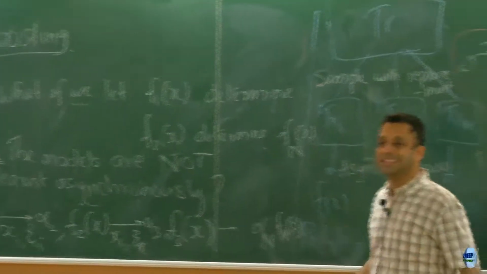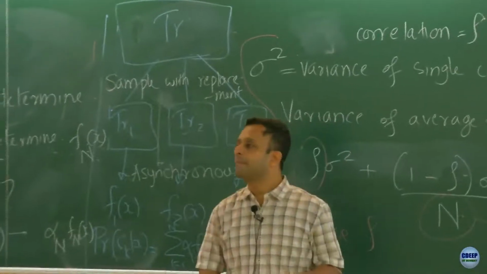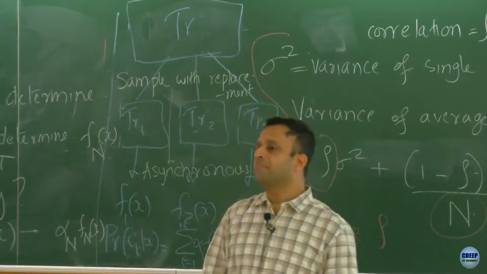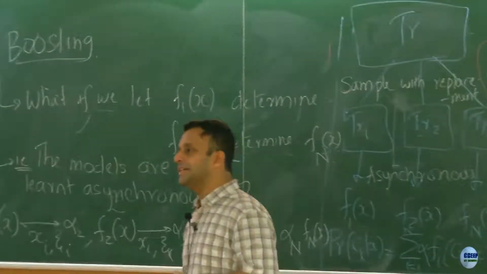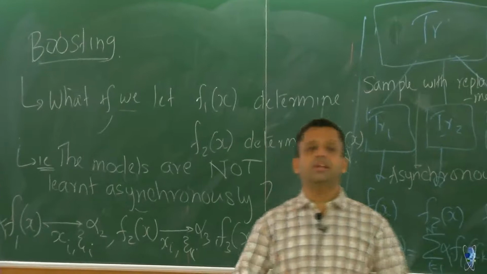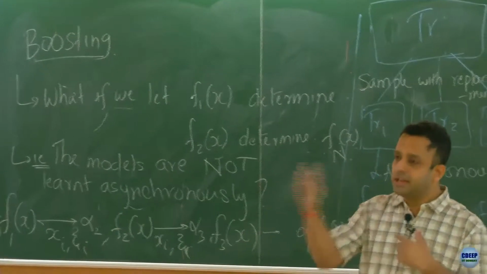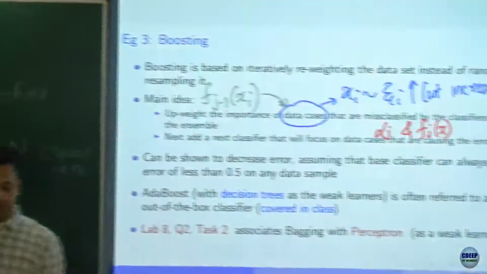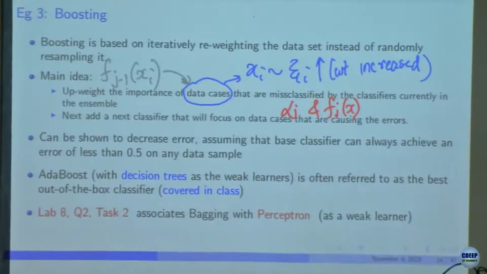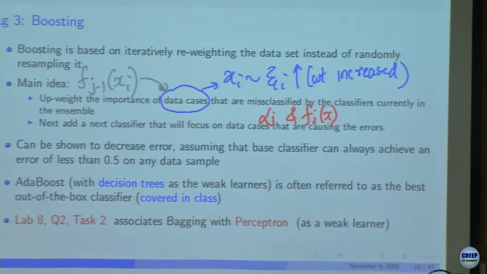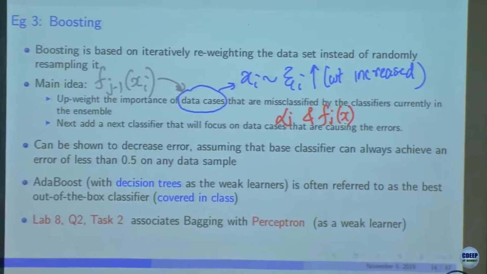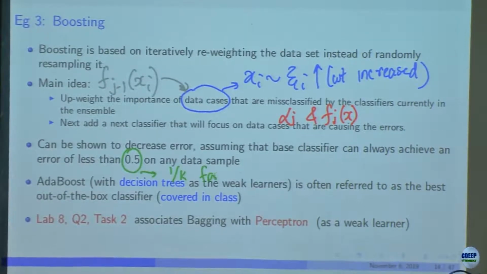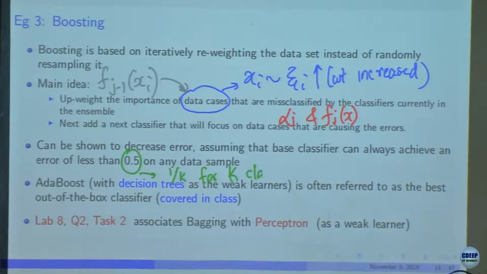So you are learning a sequence of classifiers or models, it can also be regression, along with their weights, based on which you determine the weights to be associated with examples, and then this goes on. Again this can be shown to decrease error, assuming the base classifier can always achieve an error of less than 0.5 on any data sample, and then you can think of this as 1 upon k for k class.